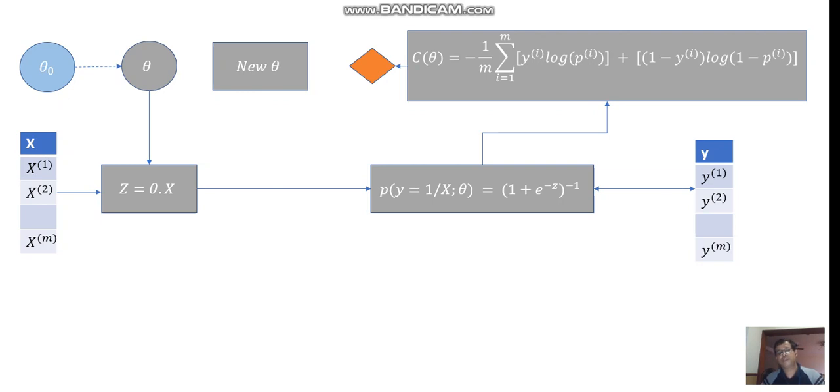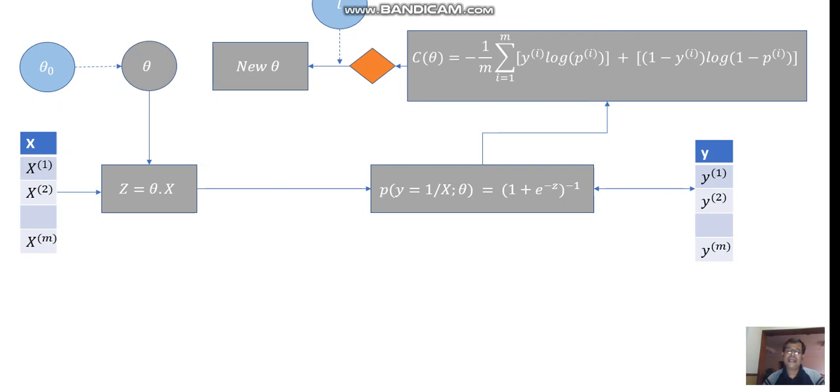One, the existing cost, C theta, at the value of theta. And second, we give a learning rate. Again, it's another parameter which we will discuss in the coming discussions.